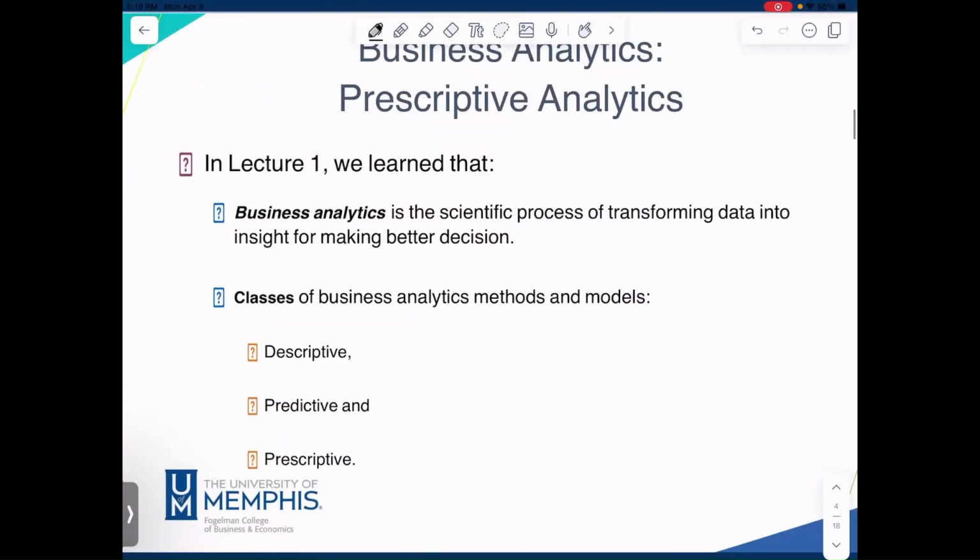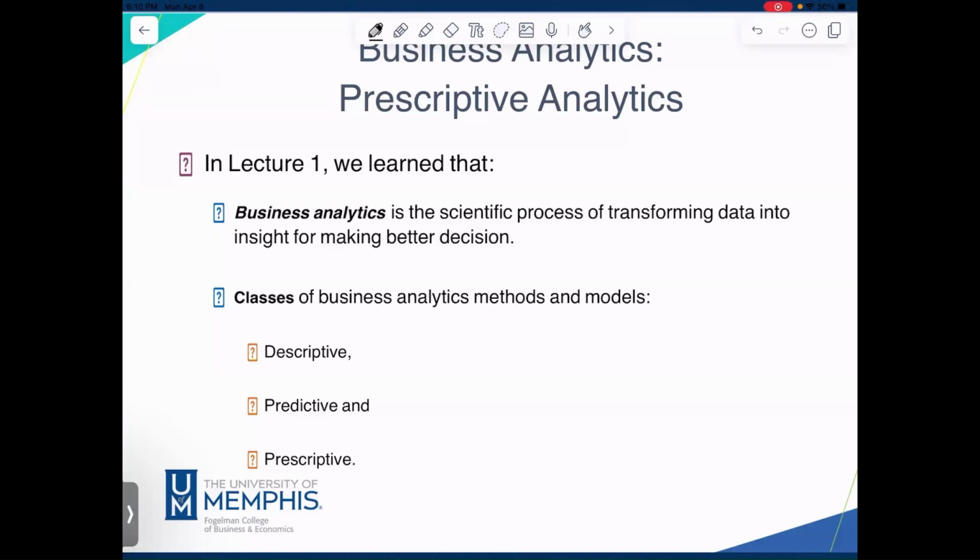Looking back at lecture one, as I always do whenever we are starting a new section: this course is about business analytics, a scientific process where we transform data into insight. Within business analytics, we know about 3 subclasses: descriptive, predictive, and prescriptive.